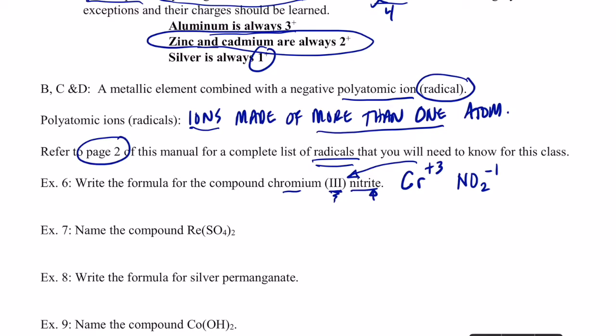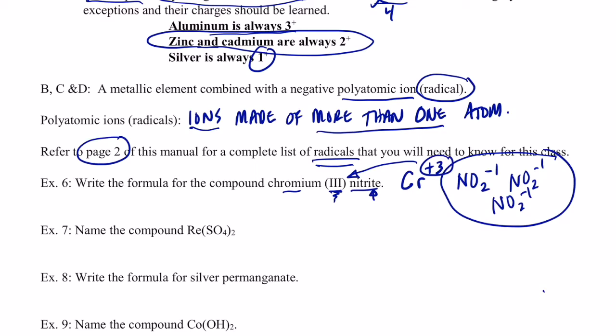Chromium's +3. Each nitrite is -1, so it seems to me like I would need 3 nitrites to balance out the charge of the +3 from chromium. So how would we write that formula? Well, let's write the metal down first, chromium, and I need 3 of these nitrites.